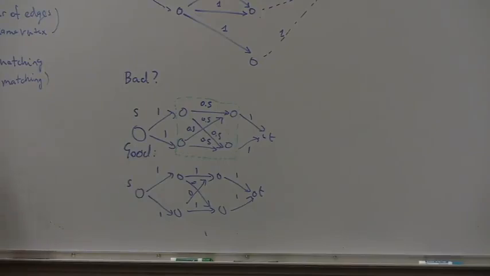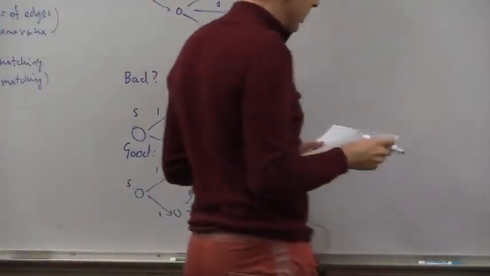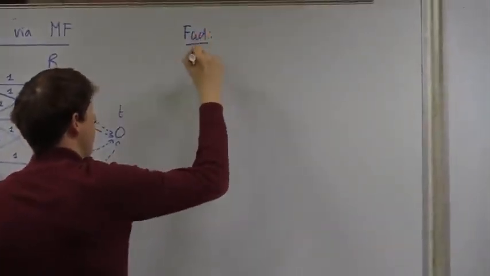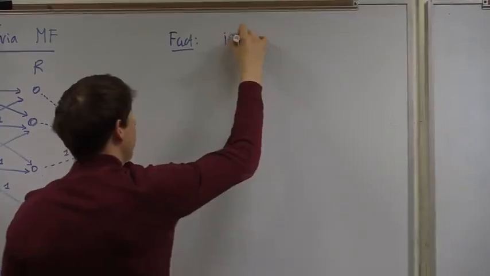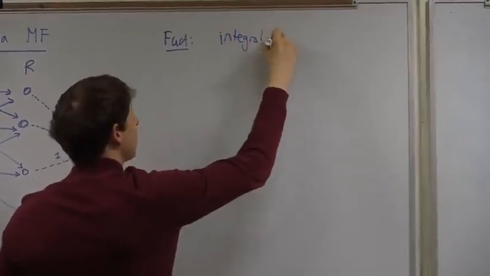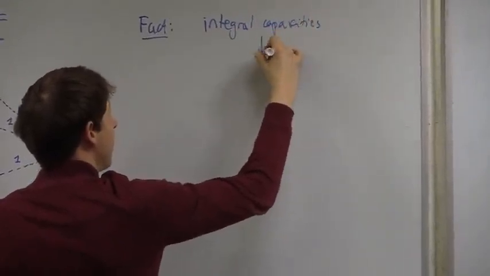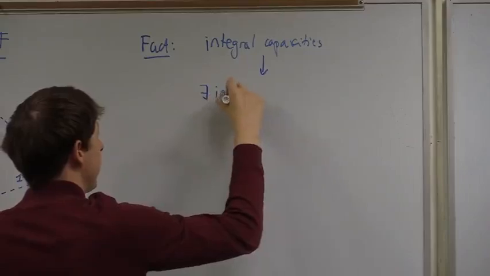Well, we should remember that when we were discussing maximum flows, there was a fact that I'm sure was mentioned in lecture: if we have integral capacities on the network, then there exists an integral flow.